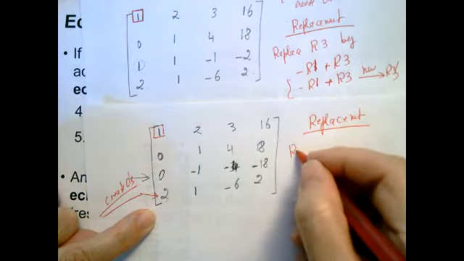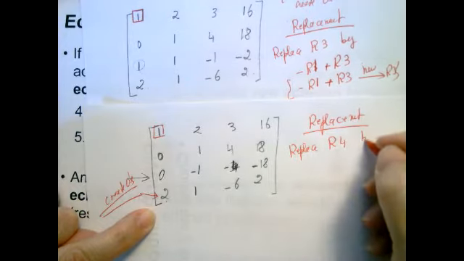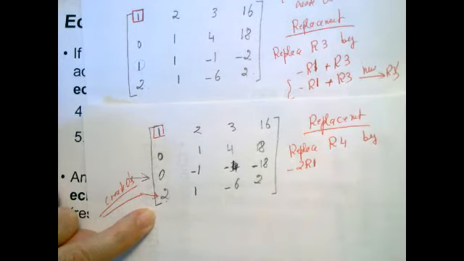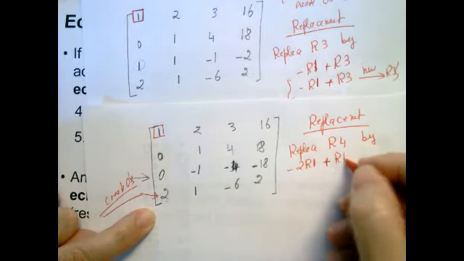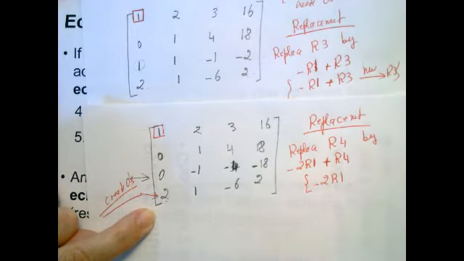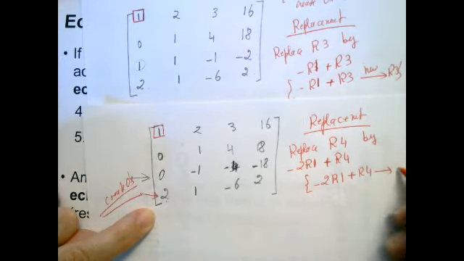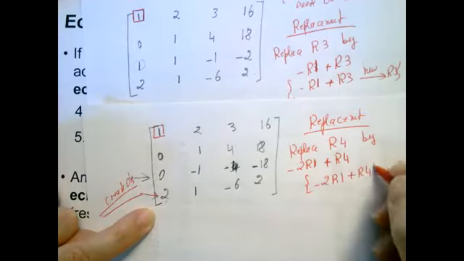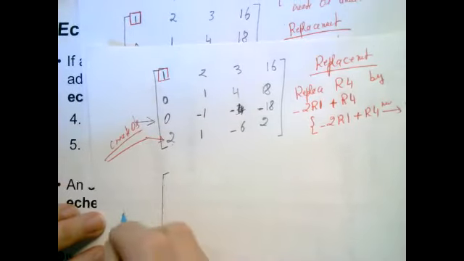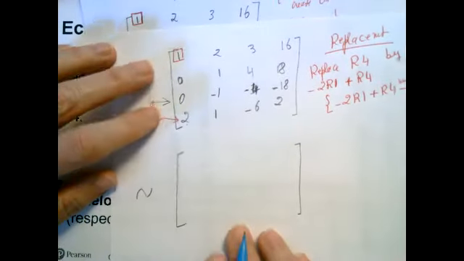I'm going to replace the fourth row by minus 2 times the first plus R4. So symbolically, I'm going to take the first row multiplied by -2, add it to the fourth row, and the result will be my new row 4. Okay, so let's see what we get. And here equivalent means those matrices are obtained from each other by elementary row operations.